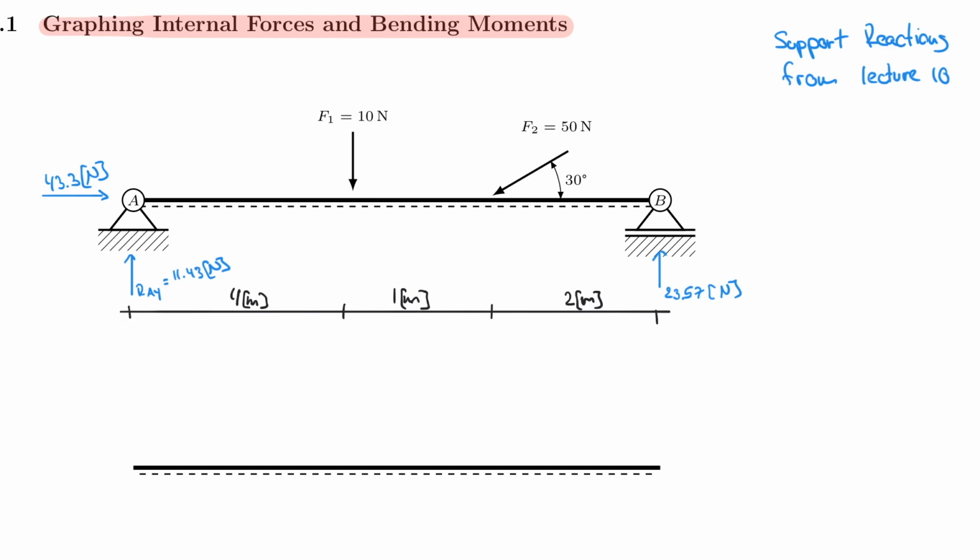Those are the dimensions for which we calculated the support reactions at this location, this location, this location, and this location. We called that location at that time 4 meters to the left, for example, for this one, and 4 meters to the right. And then we called this here 5 meters to the left and 5 meters to the right. Why did we do that?